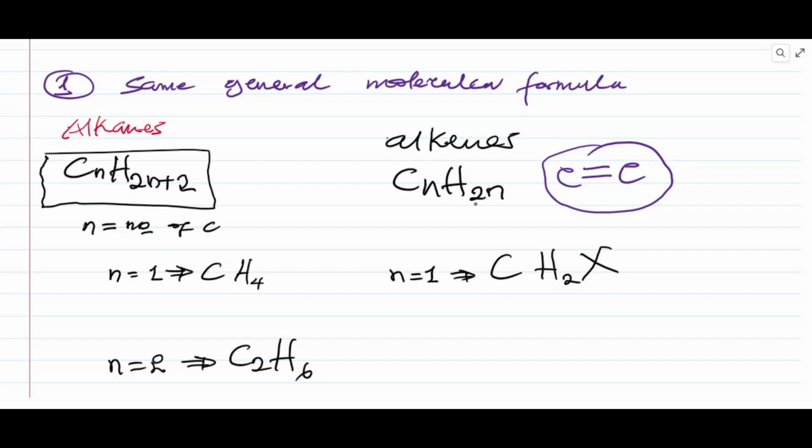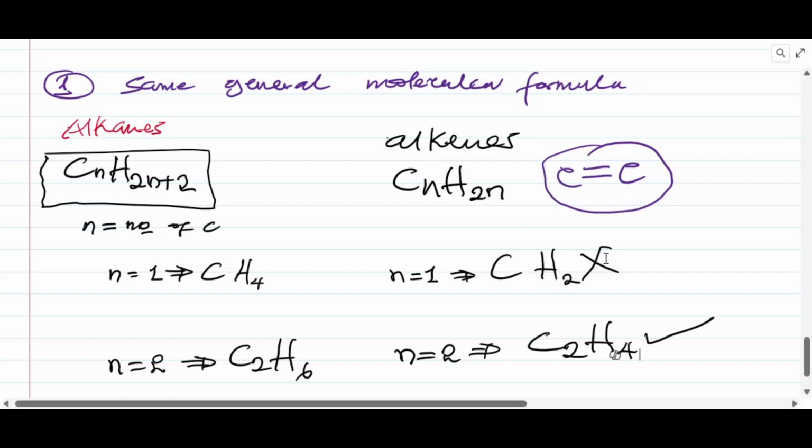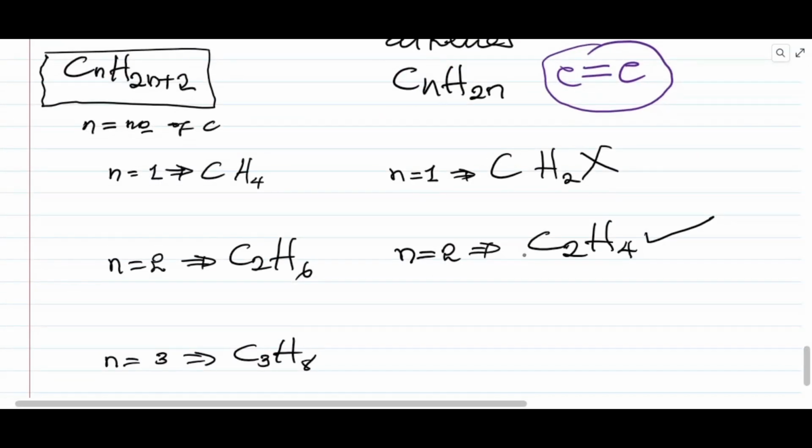For the first family member of the alkenes, let's go to n equals 2. If n equals 2, we are going to have C2H4. This is the first family member of the alkenes. There is nothing like CH2, which would have been methane. So there is no methane.